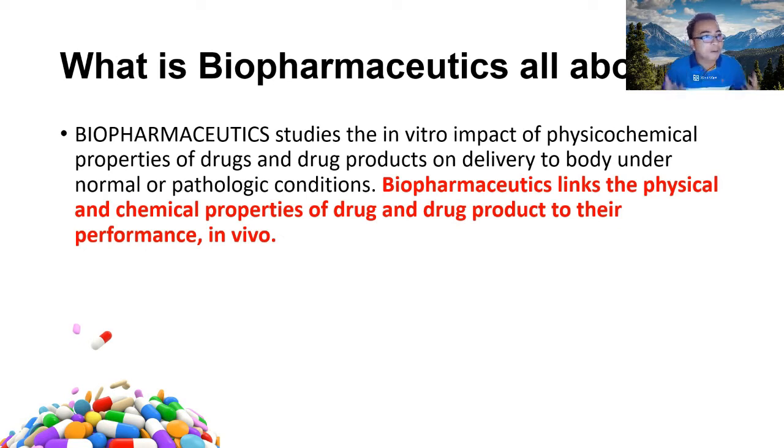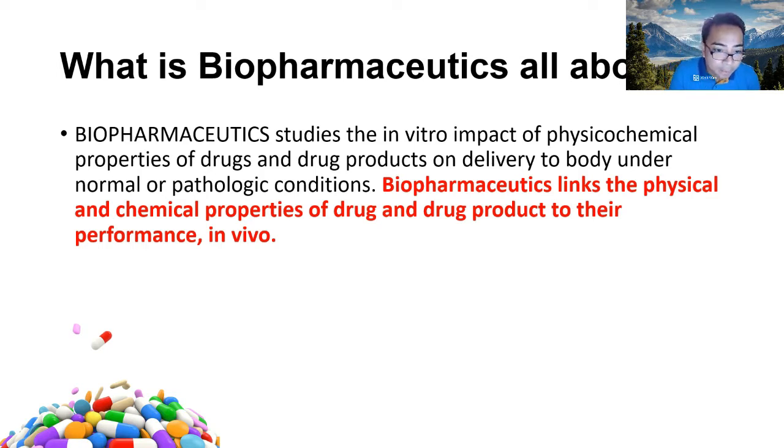So what is biopharmaceutics all about? Sabi nga natin, class, di ba, biopharmaceutics, dito natin pinag-aralan yung mga various physicochemical properties of our drugs, and how we will be able to deliver these drug products to the body, under normal or pathological conditions. So biopharmaceutics basically links the physical and chemical properties of drug and drug product to their performance in vivo.